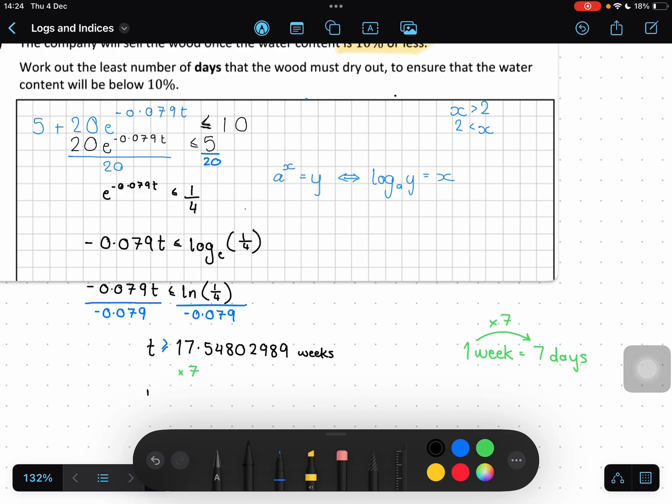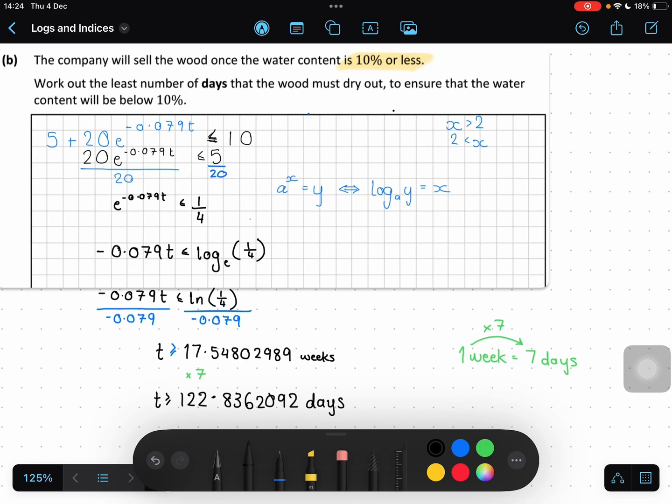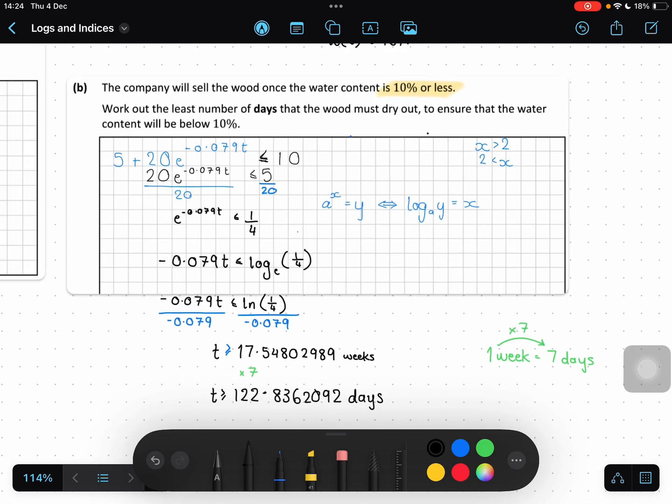So that I get t is greater than or equal to 122.836292 days. And they want the least number of days.